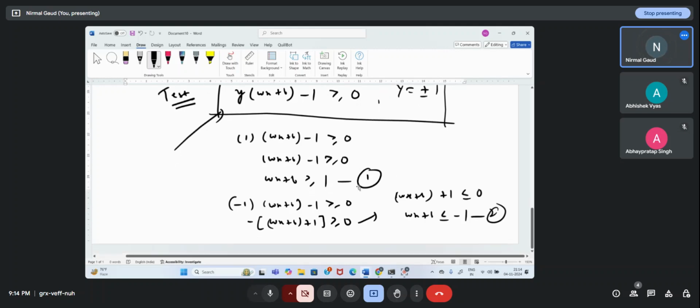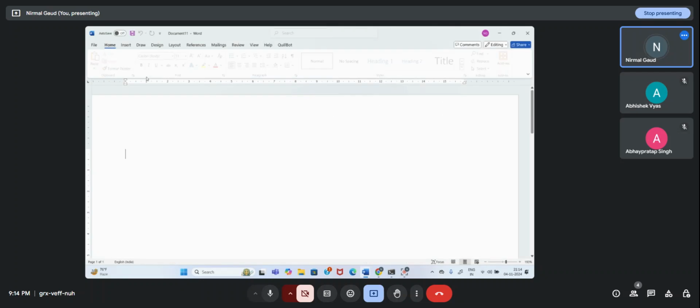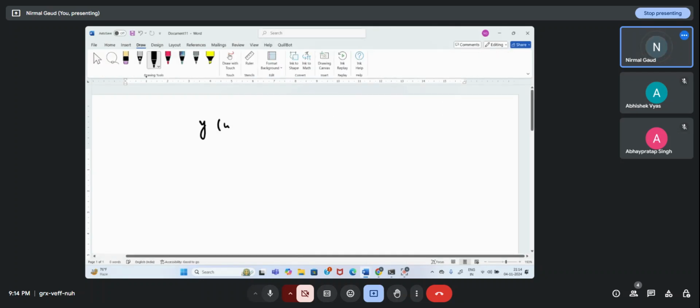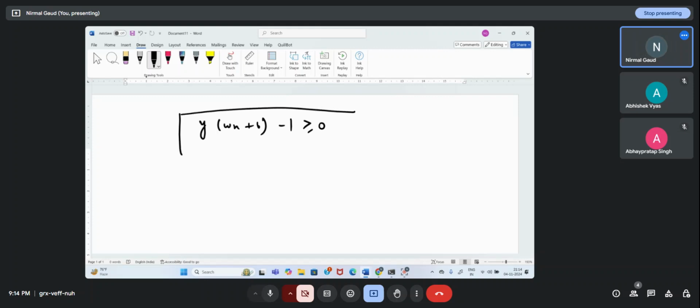I got the equation. Let me write it again: y(wx plus b) minus 1 greater than or equal to 0. This is my equation for the hyperplanes, but these hyperplanes are subject to the margin.